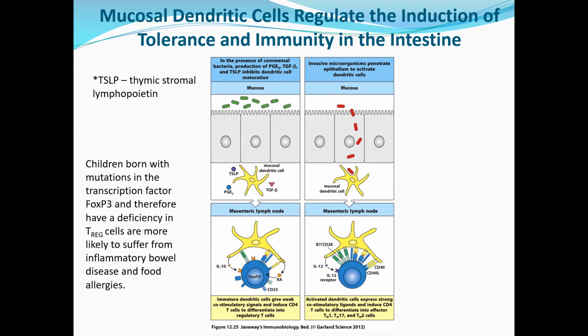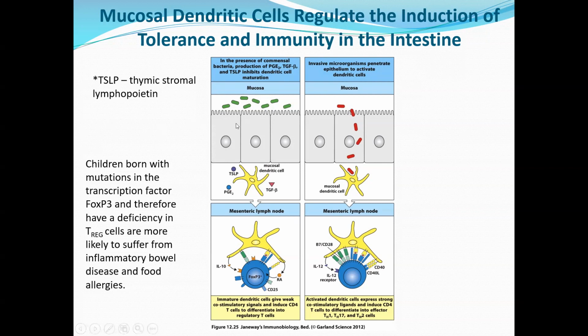The same thing happens with dendritic cells. We now realize that there are several types of dendritic cells, some which induce this classical inflammatory response, the other which induces the outgrowth and activation of regulatory T cells.